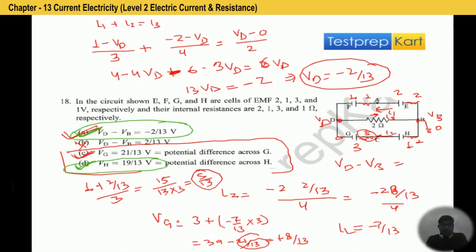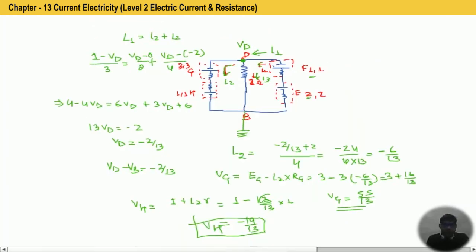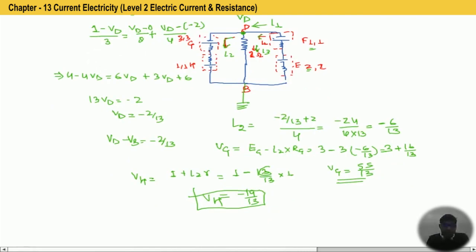Again, we are getting a calculation mismatch in VG, which is 21 upon 13. So we have to recheck our calculation once again. Let me check it again, that VG is 3. Okay, EMF I must say is 3, and current is coming towards the cell, so this is 3 minus this current, minus 6 upon 13, into internal resistance of 3.